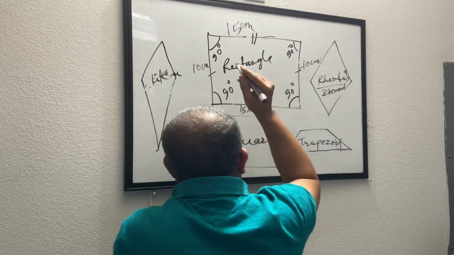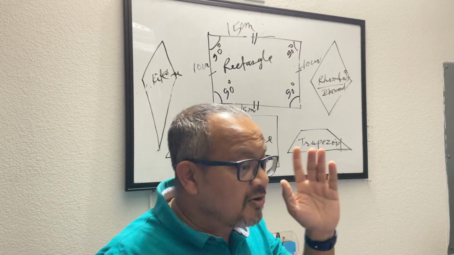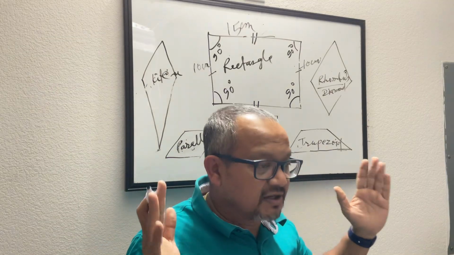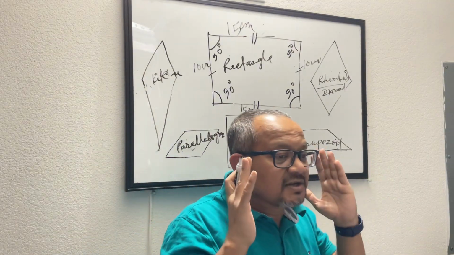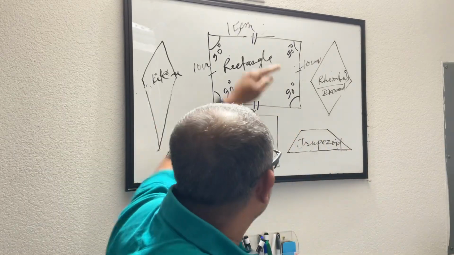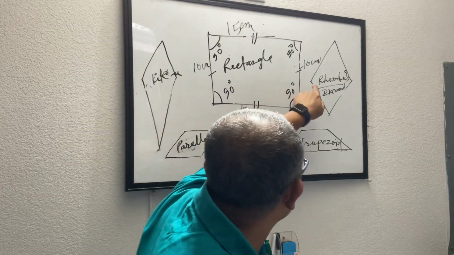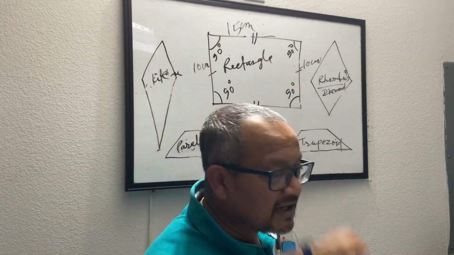Okay? I'll come to your chair. I have seen you raising your hand, but let me complete this one. So, now it completes our definition of a rectangle. A rectangle is a quadrilateral, meaning a 4-sided closed shape, where the opposite sides are equal and parallel, and every angle is 90 degrees.